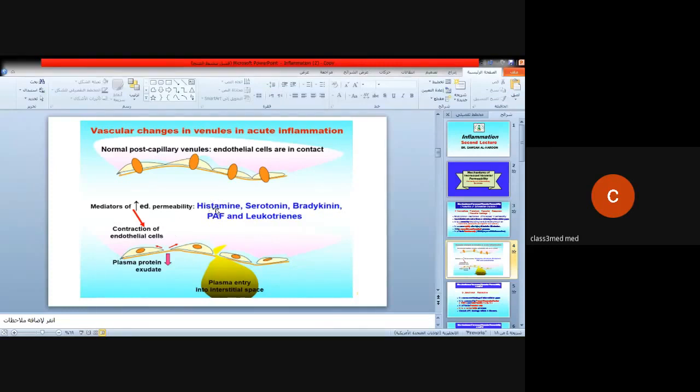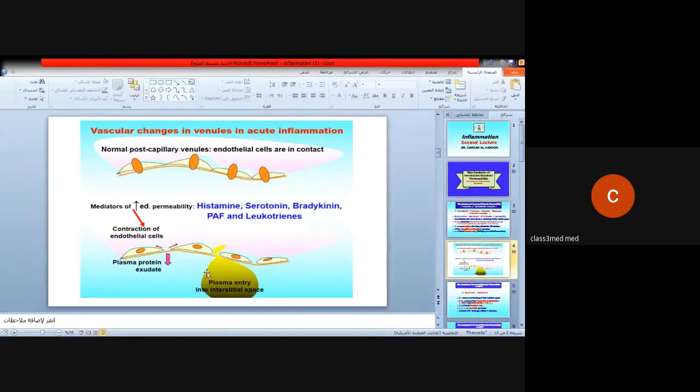We see histamine, serotonin, bradykinin, platelet activating factor, and leukotriene. These chemical mediators cause contraction of endothelial cells. As you see in the picture, there is formation and widening of the gap between the endothelial cells. These gaps permit the leak of plasma protein with the plasma and formation of inflammatory exudate.